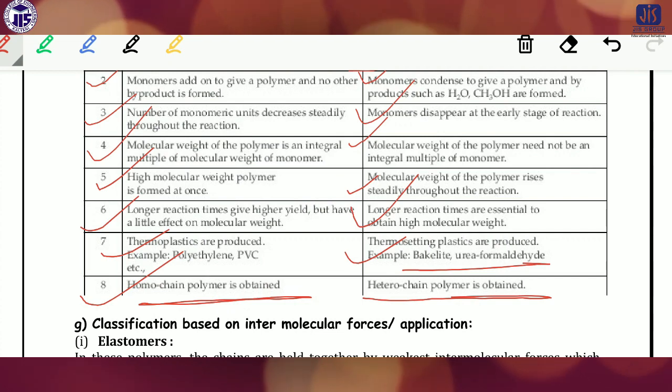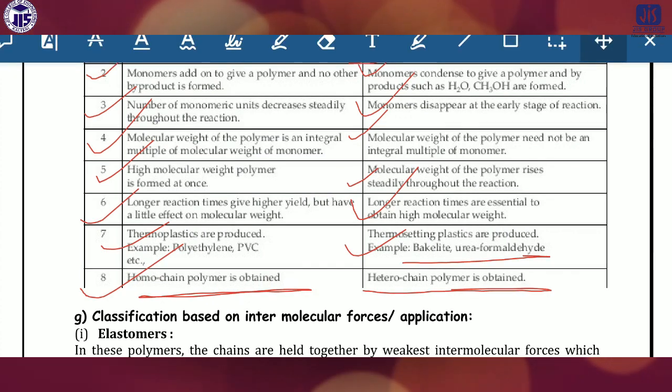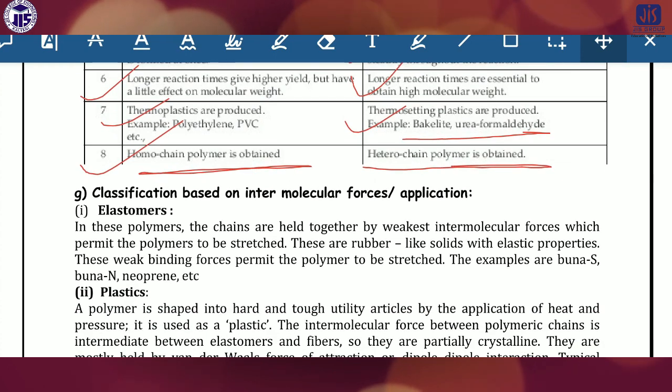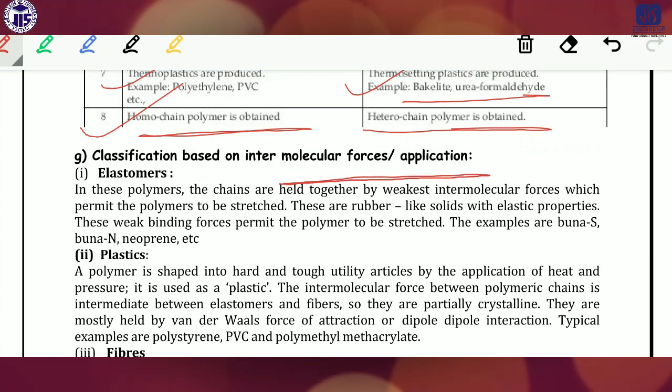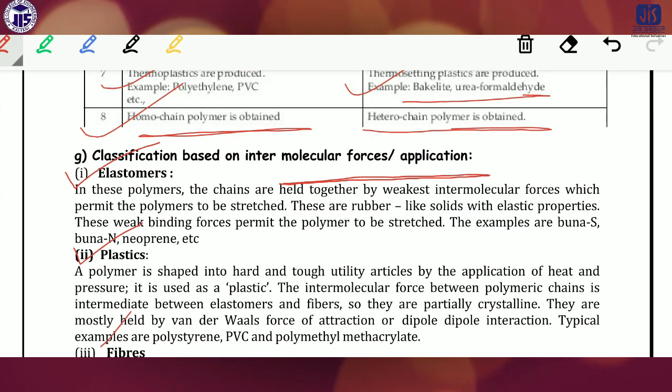Now come to the next type of classification of polymers, which depends on molecular forces or applications. Depending on this, there are 3 types of polymers: the elastomer, the plastic, and the fiber. First of all, what is an elastomer?